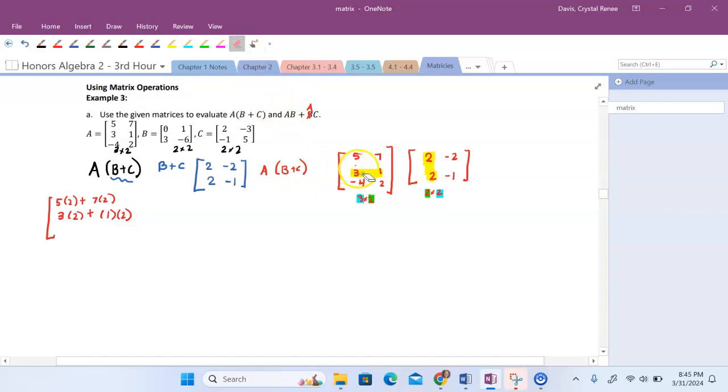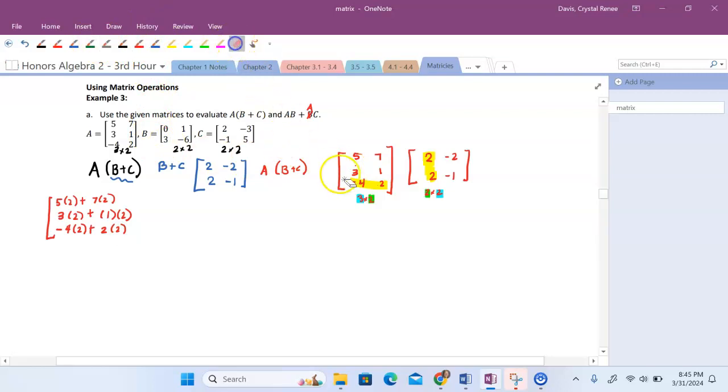Then I'm going to do the last row, the -4 and 2, so -4 times 2 plus 2 times 2. That's going to be the first column of my full matrix.